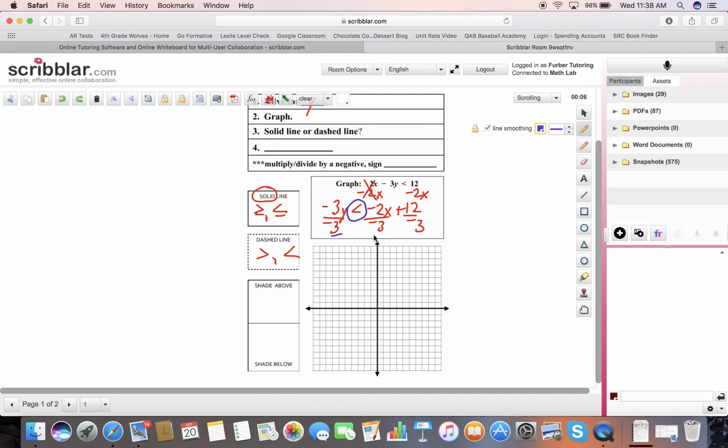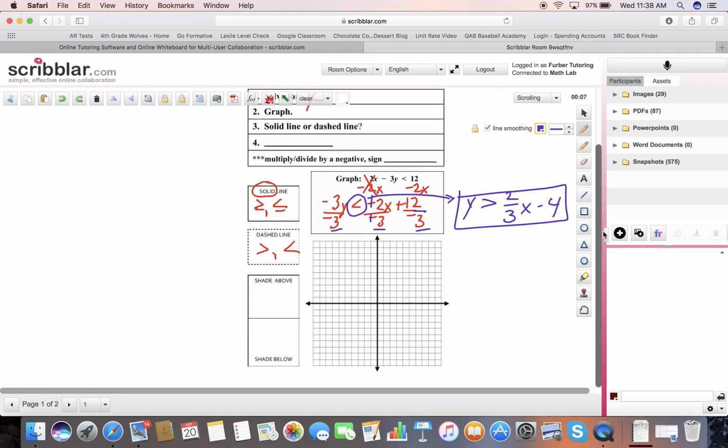If you divide by a negative number on an inequality, the sign has to reverse. So it's going to go this way. Negative 2 divided by negative 3 is still going to be a fraction, but the negatives cancel. So it's going to be positive 2/3 x. And then 12 divided by negative 3 is negative 4. So here is, you can write all this in your notes, I fit it all inside the box on mine. But on the Scribbler here, I can't do that.